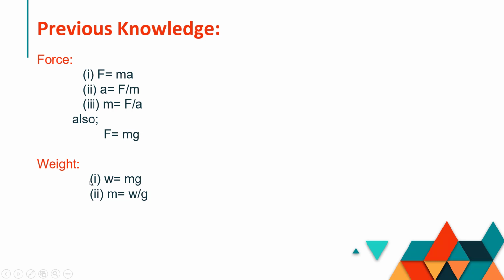The formula for weight is W is equal to mg, where W is the weight, m is the mass and g is the gravitational acceleration. If we want to rearrange this formula to get the value of mass, then we have m is equal to W over g. So we will use these formulas in our problems.